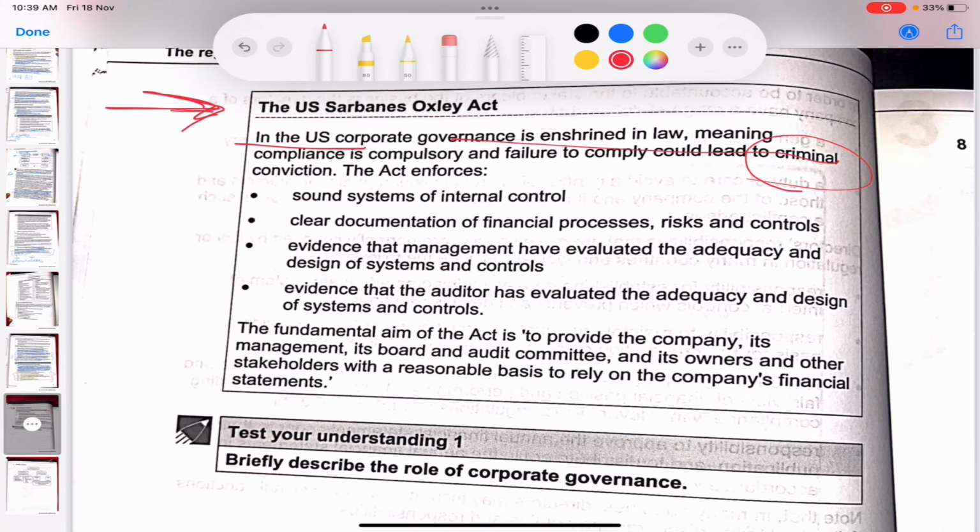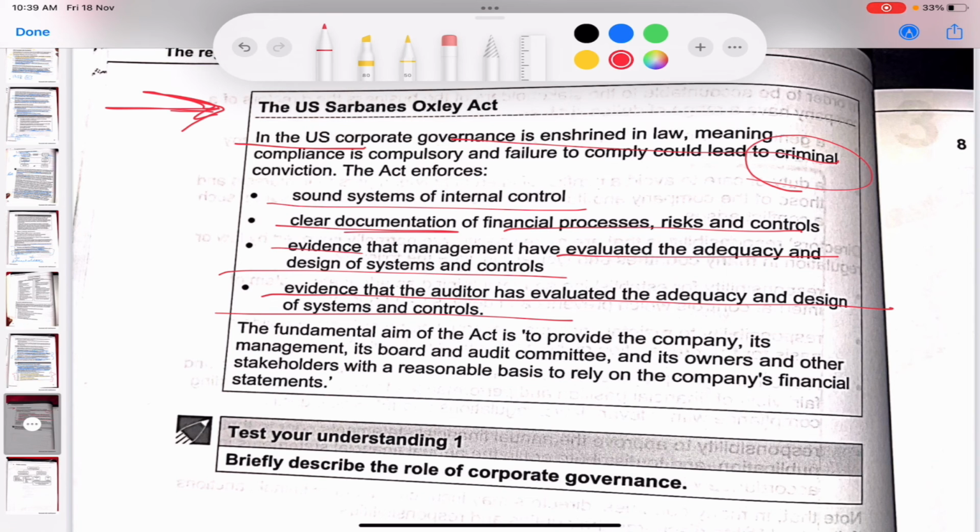So what does the US Sarbanes-Oxley Act enforce? Sound systems of internal control. Documentation, there should be good documentation of everything. There should be evidence that management has evaluated the adequacy, and evidence that the auditor has evaluated the adequacy.